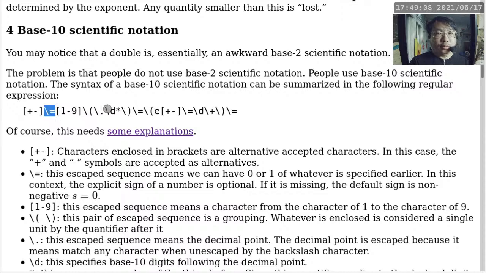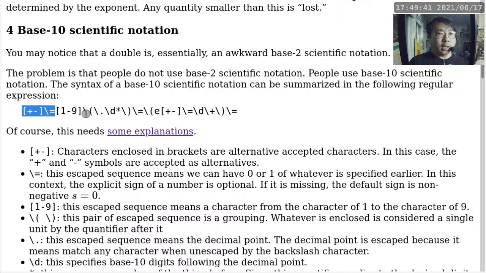Backslash equal to is indicating whatever is immediately prior to it is optional. In other words, we can have 0 or 1 occurrence of whatever is right before that. So when you combine the square bracket plus minus close square bracket backslash equal to, all that is saying is a scientific notation can start with a plus symbol, it can start with a minus symbol, or it can start with none of those two because it is optional.